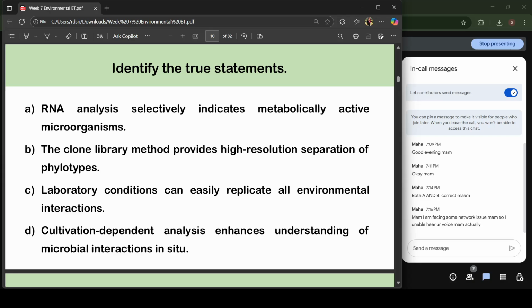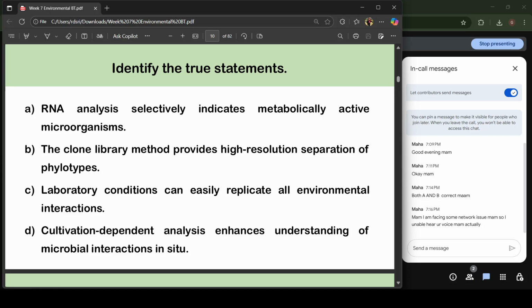In situ monitoring is monitoring the microbial dynamics or activity in its original habitat, whereas the other category is laboratory conditions, where we try to replicate, but in reality it is very difficult to exactly replicate the natural environmental conditions.